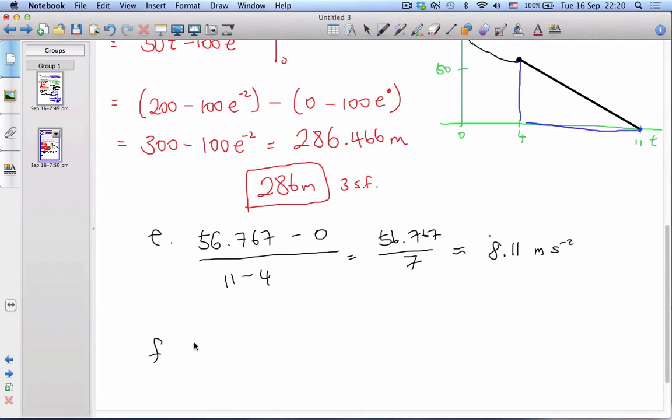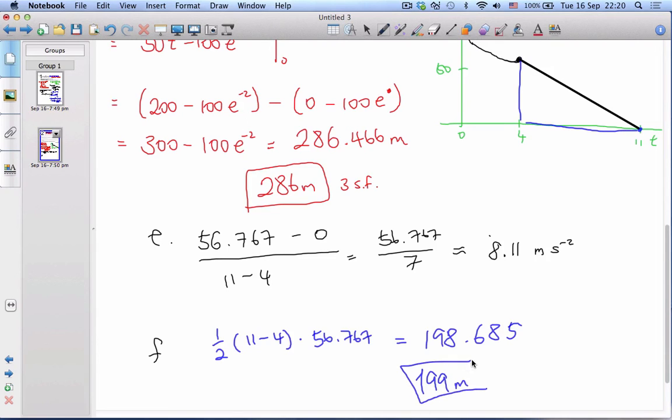The distance traveled from 4 to 11 is going to be 1/2 times 11 minus 4, which is 7, times the height of the triangle, 56.767, which is about 198.685. You can round to 3 significant figures, 199 meters. There you go.